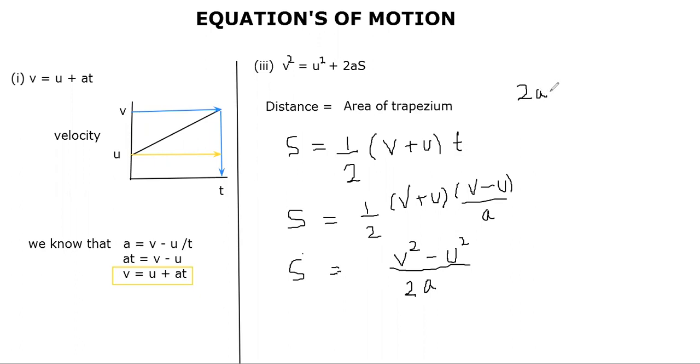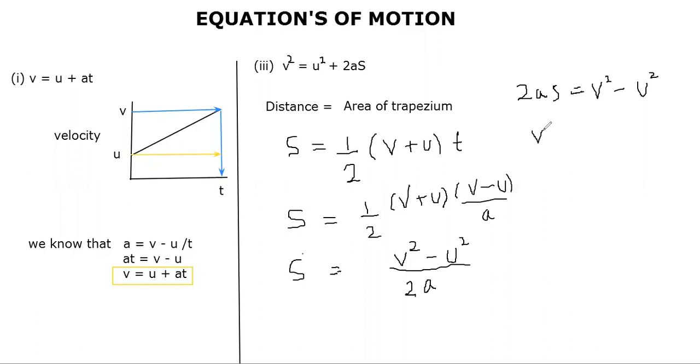2as equal to v square minus u square. Now you just have to shift, nothing else. Minus u square goes to the left-hand side and becomes plus u square.